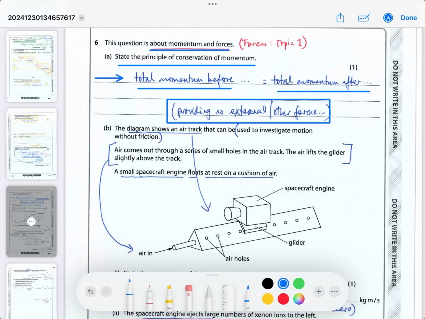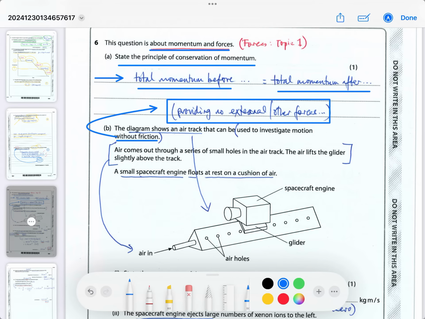So in the diagram, part B, it says the diagram shows an air track, shown underneath, and how it can be used to investigate motion without friction. So we want to remove friction because we're trying to remove other external forces which complicate physics.